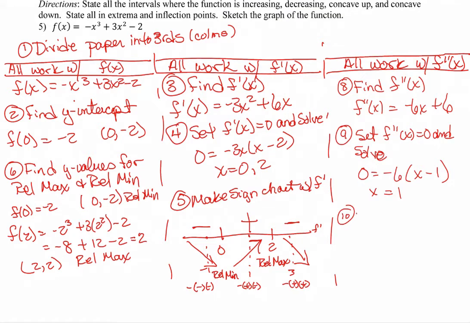Step 10 is to make a sign chart with f double prime.